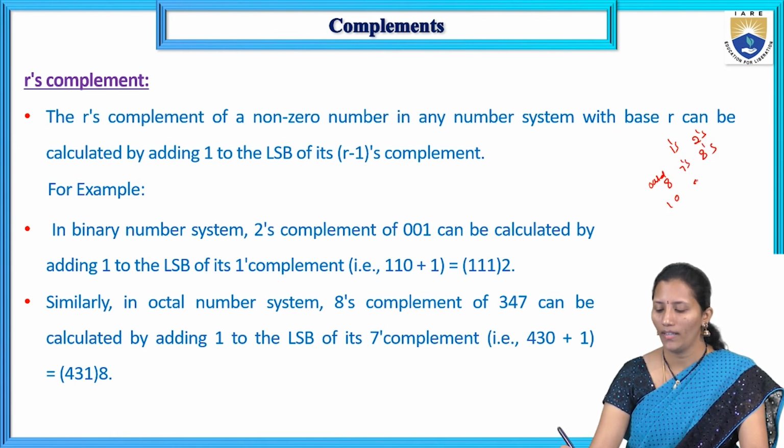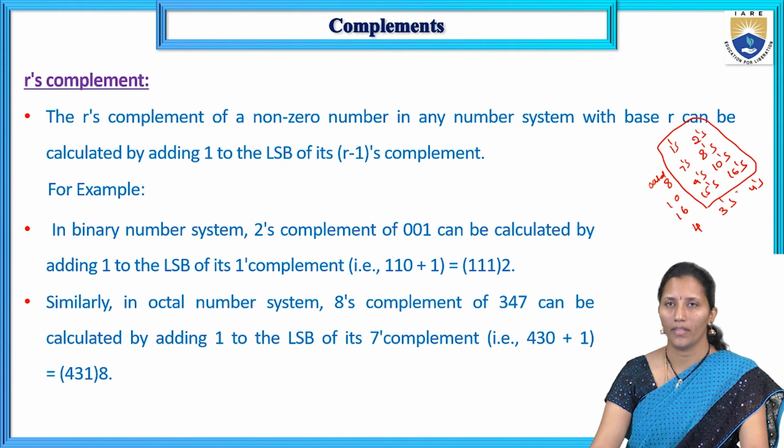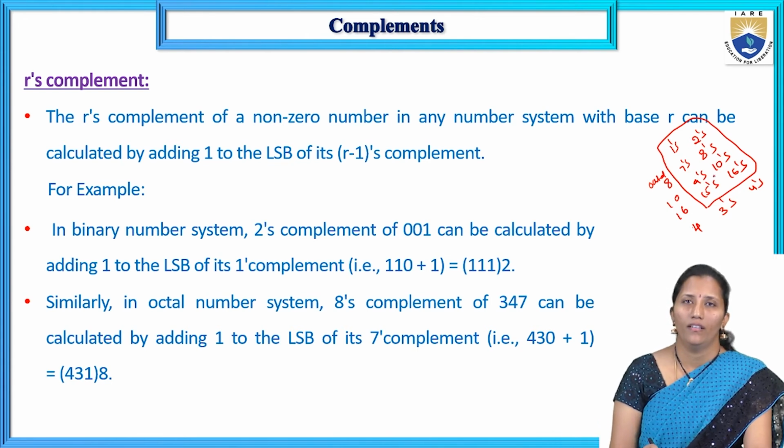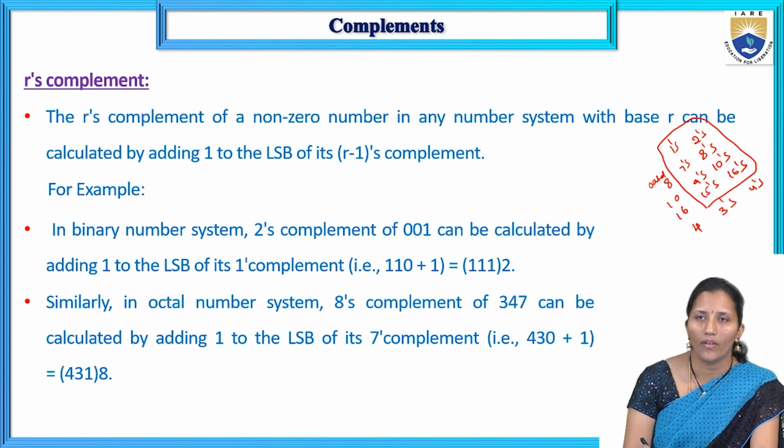For decimal, 9's complement and 10's complement. For hexadecimal, 15's complement and 16's complement. So suppose we want to use base 4, the subtraction can be performed by 3's complement or 4's complement. So for general radix r, how to perform the subtraction and what is r's complement.